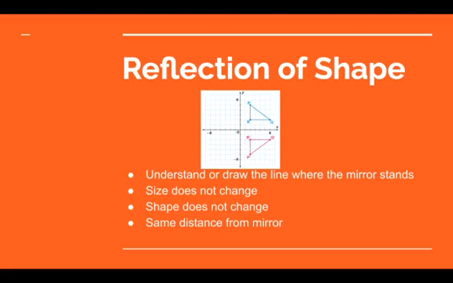So these are the same properties that apply here when you are dealing with shapes. So the size does not change, the shape does not change, and also the distance of the original shape from the mirror is equal to the distance of the new shape from the mirror. That is to say, the distance from the mirror to the blue shape is equal to the distance from the mirror to the pink shape.